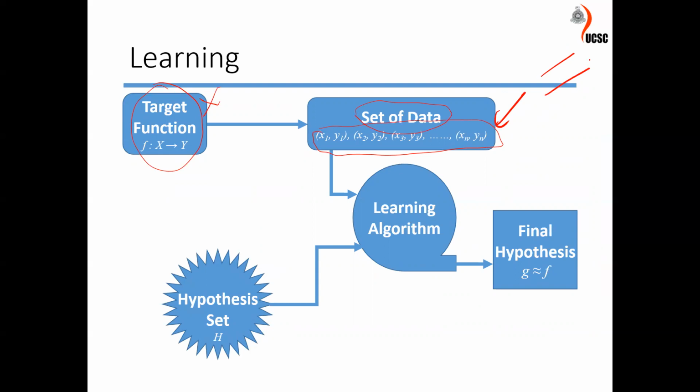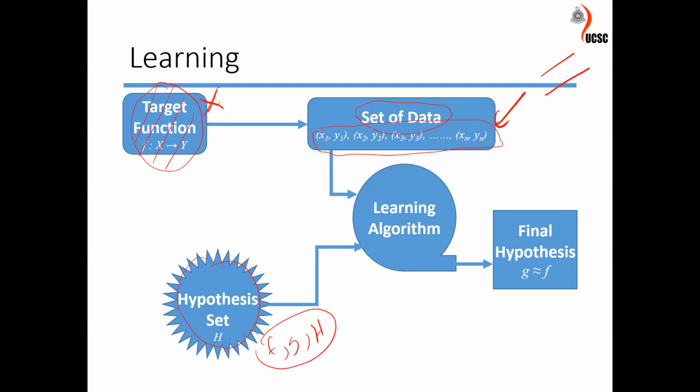So there is a target function, and we're going to find it. For now we don't know the target function. We just know the set of data, and we have a set of hypotheses, or functions, like f, g, h.